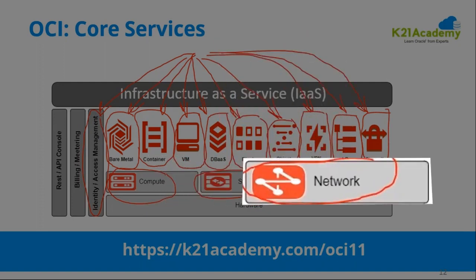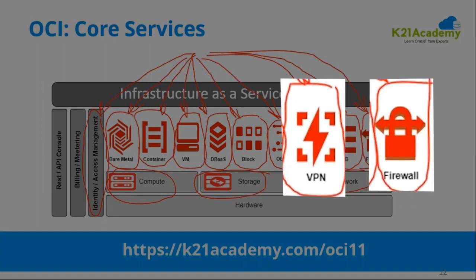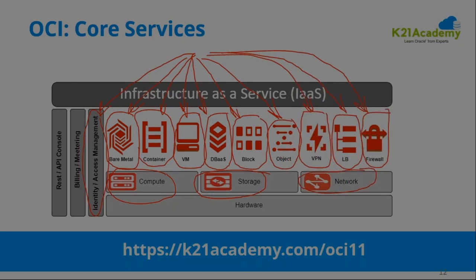Networking, you need to have a core network, which is your backbone. So you need to have a virtual cloud network, which is able to extend your corporate data center to the Oracle Cloud. And how effectively can I secure that? That's where VPN or virtual private network and firewall or security rules come into the picture. Now, in order to have access to an application, you also need to have a load balancer.